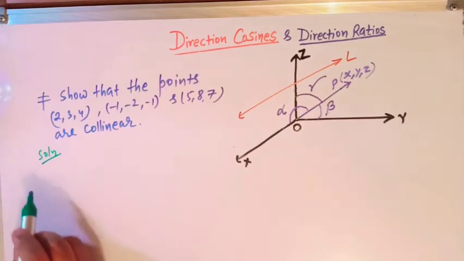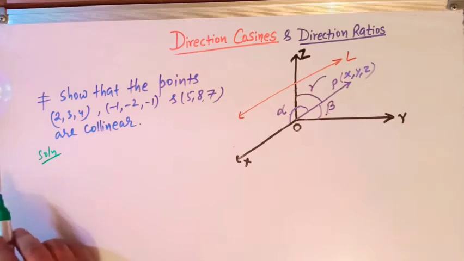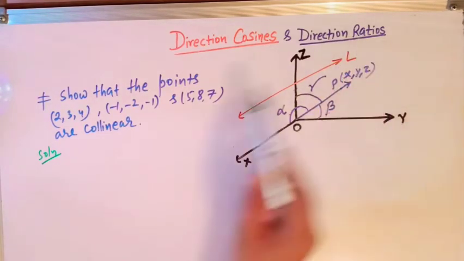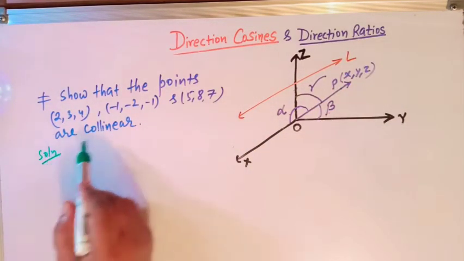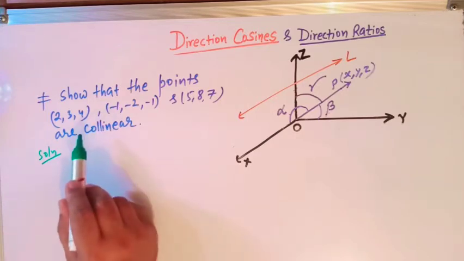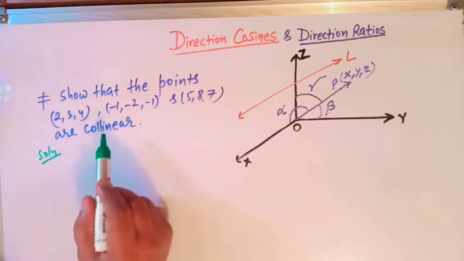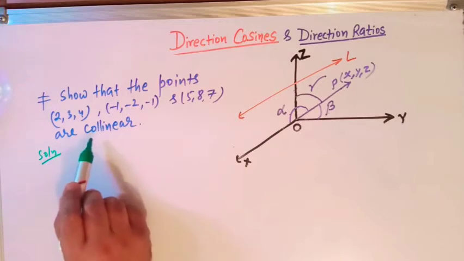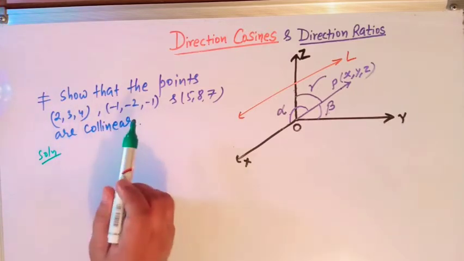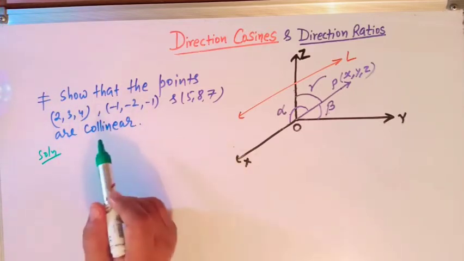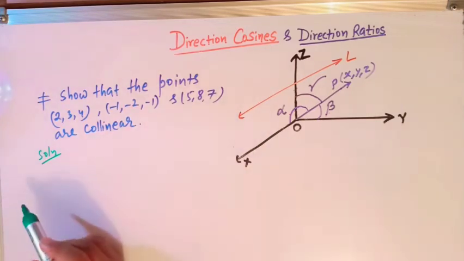Now viewers, let us apply the concept of direction ratios for proving the collinearity of 3 points. We know various methods for proving the collinearity of 3 points. So here we are applying the concept of direction ratios.